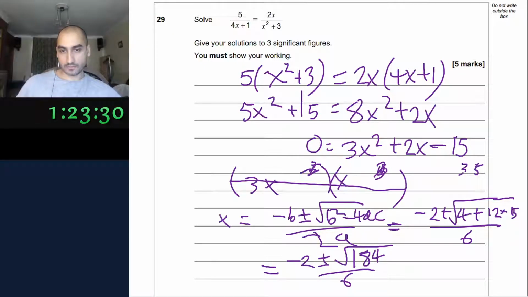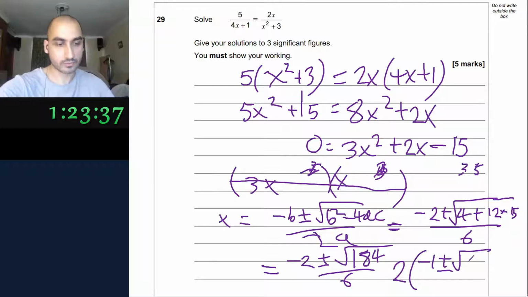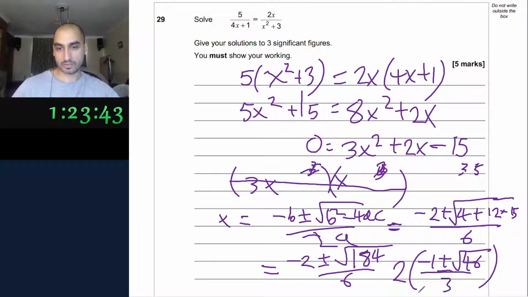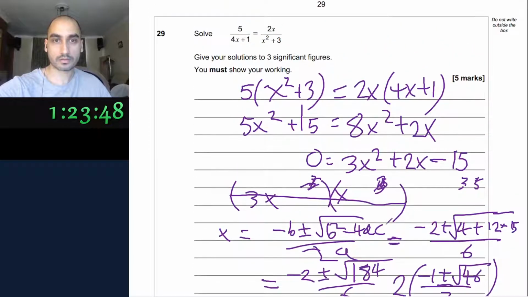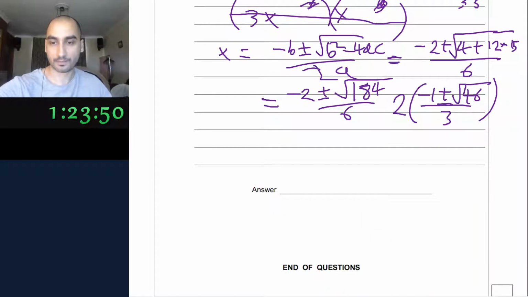That equals 2 times minus 1 plus or minus square root of 46, all over 3. But they want 3 significant figures. Okay, so we do actually have to expand it fully.